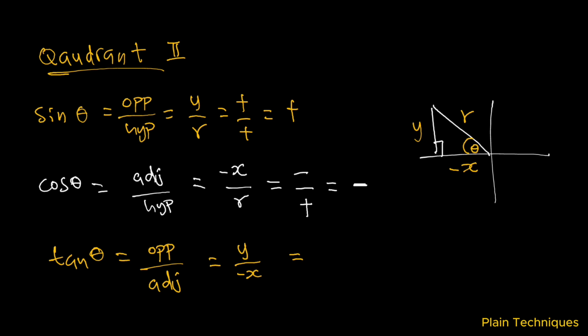So this is positive divided by negative, which is negative. Now when you look at this, sine is the only one in the second quadrant which is positive, and the rest are negative.